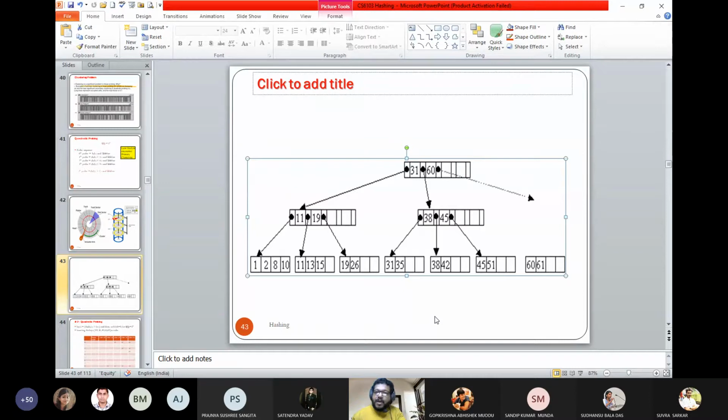Information is stored at one place. So you can create two indexes. If somebody tries to search using Aadhaar number, he will open one index. If somebody tries to search using roll number, he will open another index.